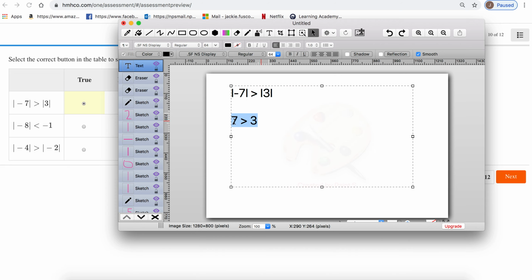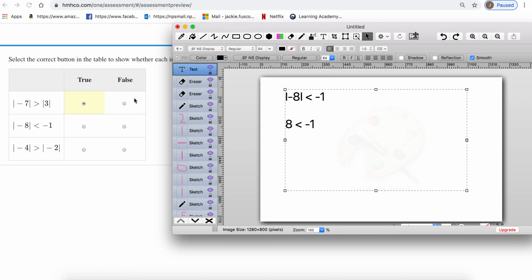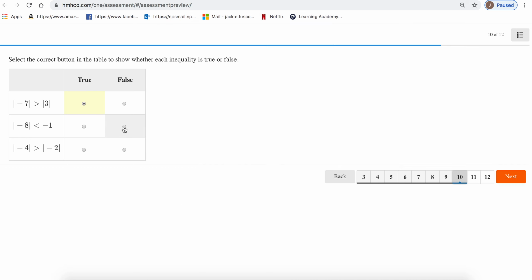Okay, let's look at the second one. I have the absolute value of -8, and I have not absolute value. I just have that it's less than -1. Well, the absolute value of -8 is 8, and then it says less than -1. Is +8 less than a negative number? No, that is false. Okay, false.